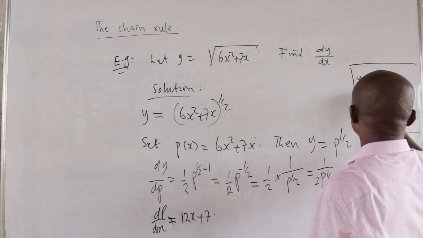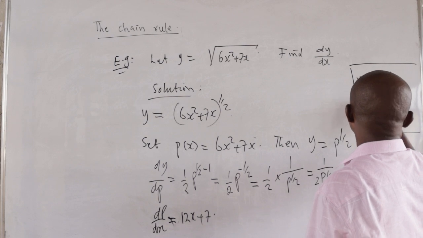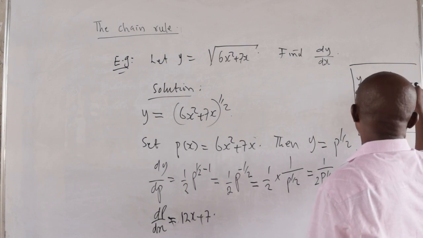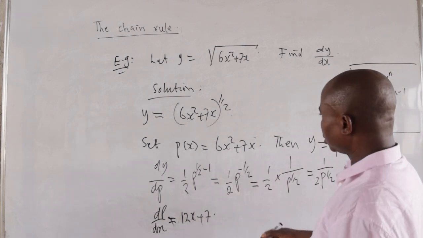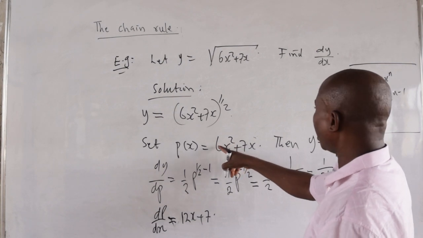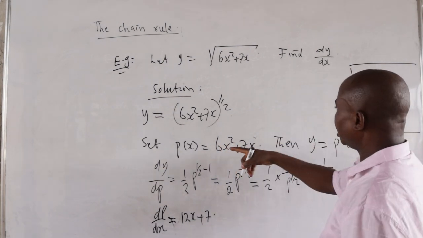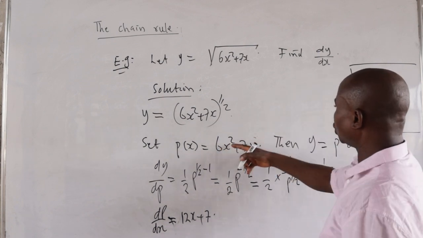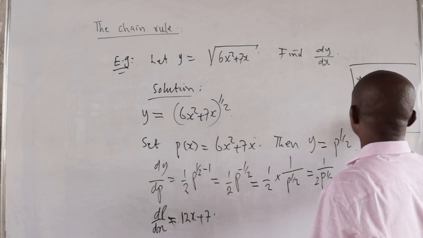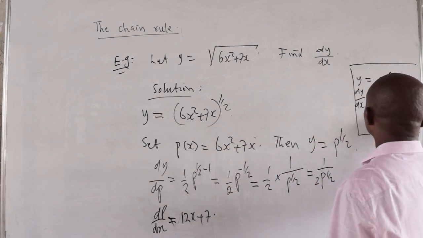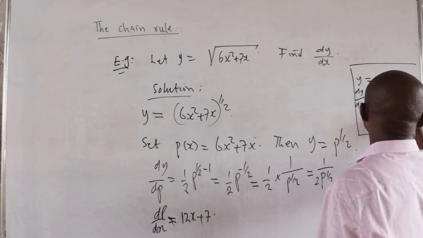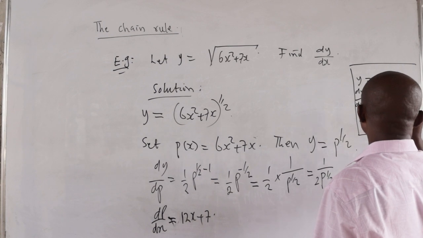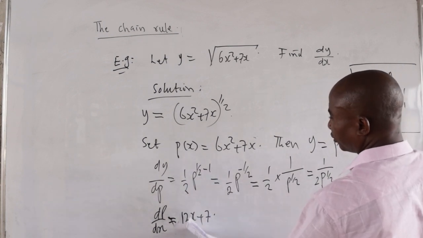For ax raised to the power n, dy by dx is nax raised to the power n minus 1. So here, our a is 6, our n is 2. So this becomes 6 multiplied by 2, x raised to the power 2 minus 1, which is 12x alone. And that is how we got 12x here.